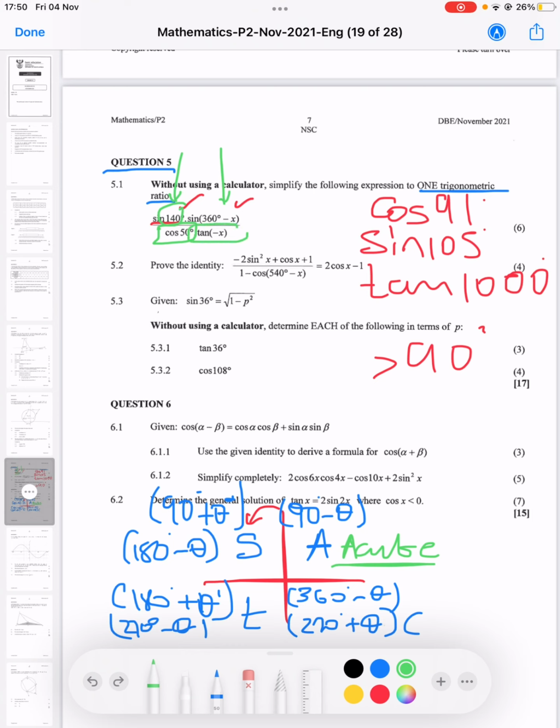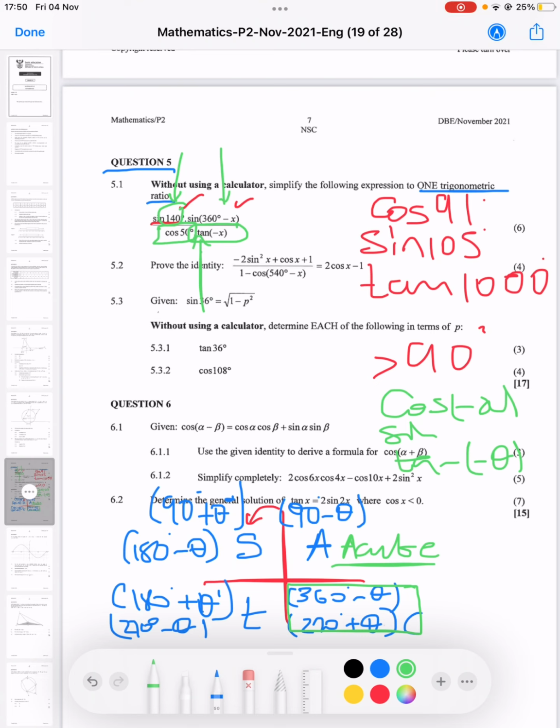Can you see there you've got an angle which is negative. The moment you have a negative angle, it doesn't matter whether it is cos, sine or tan. As long as you have a negative angle, just know that it takes you into this fourth quadrant. You therefore ask yourself, in this fourth quadrant, is that trigonometric ratio positive or negative?